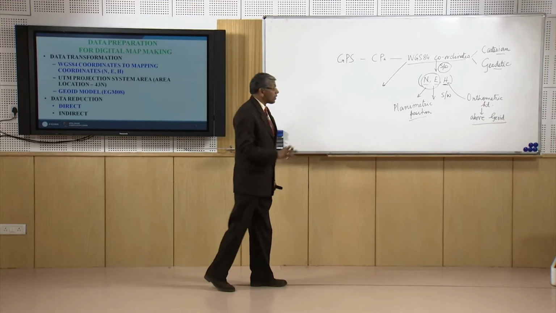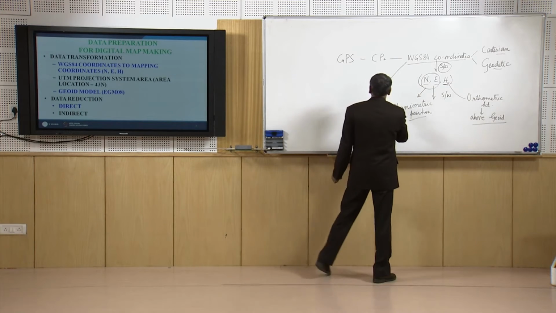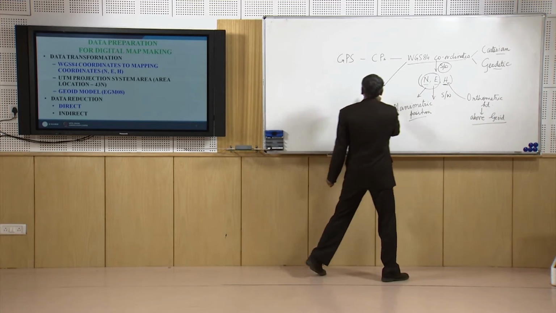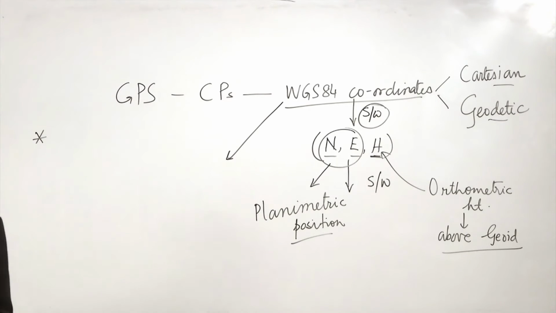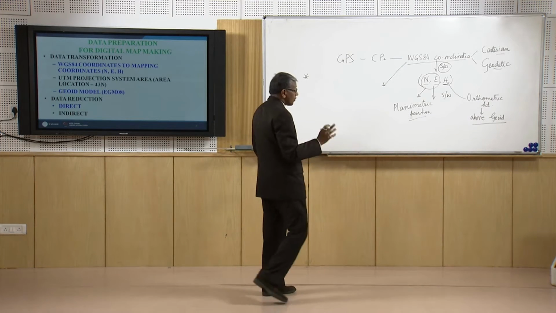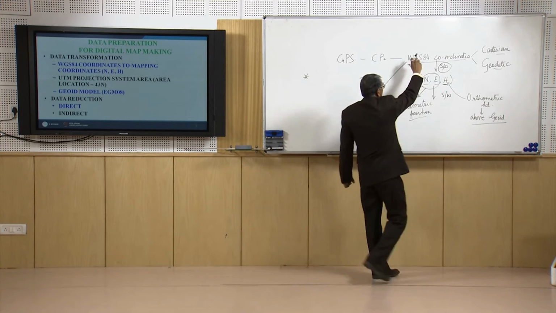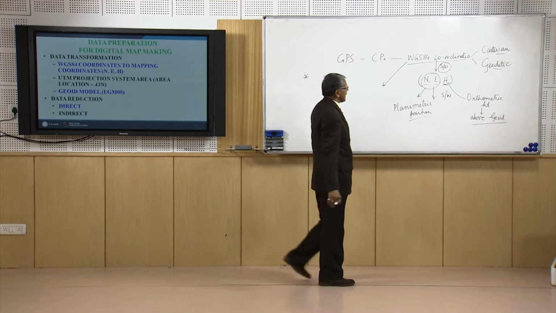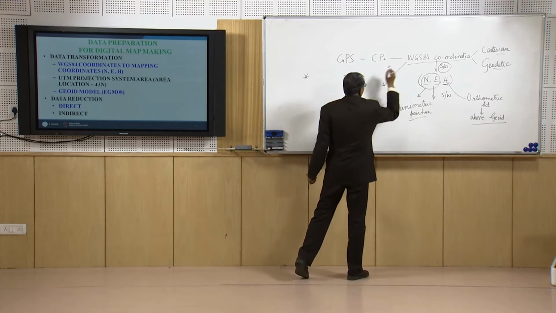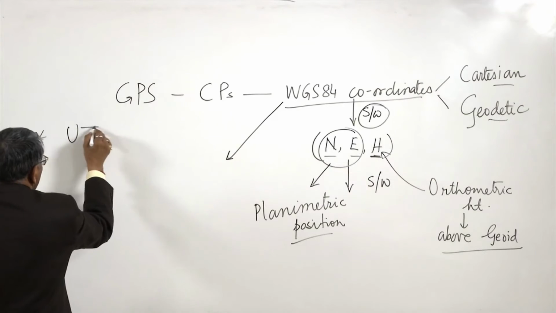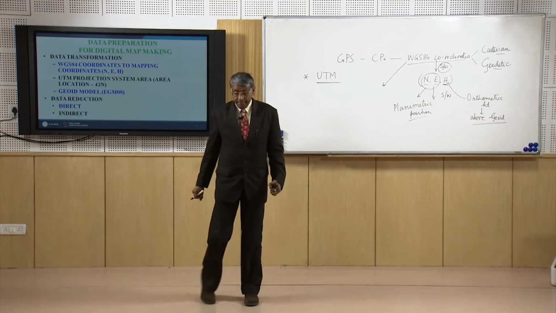Now in order to convert the WGS 84 coordinates to north, east, height, the software demands two pieces of information. One is the projection system, to which we have to convert this 3D coordinate into planimetric position, and in the GPS WGS 84 system they made use of UTM, universal transverse Mercator projection.